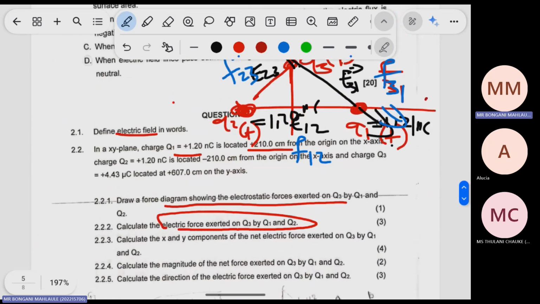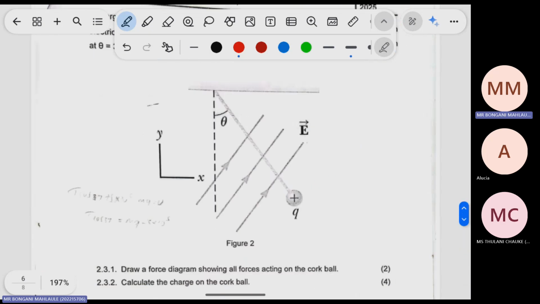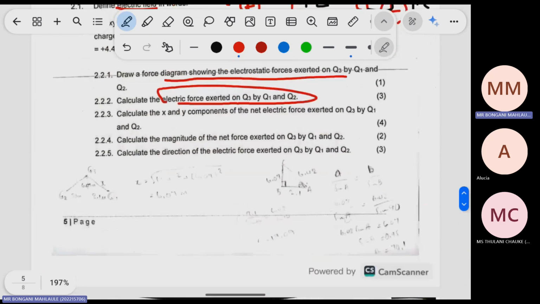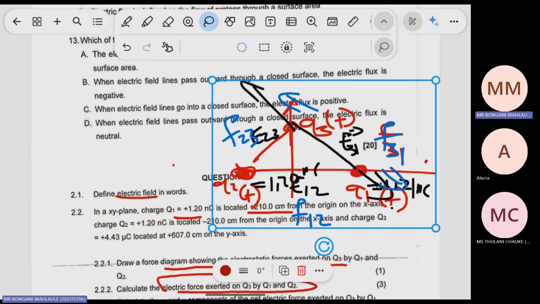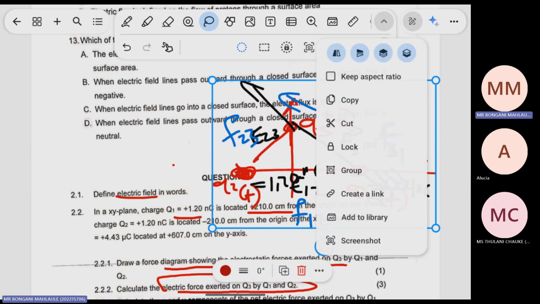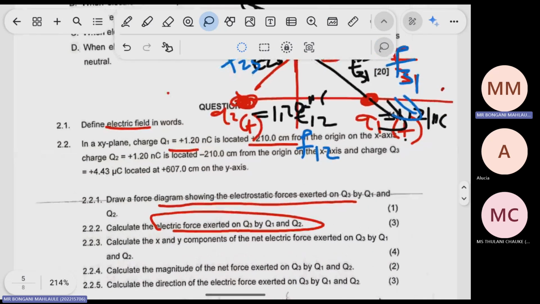I think this one is very easy. Okay, I'll use this diagram. The distance is what? Negative 230.